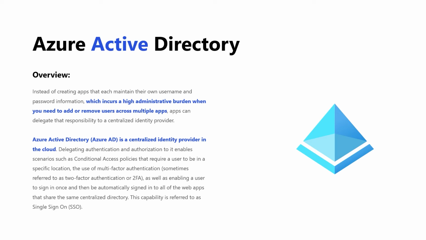The Azure Active Directory is more of a centralized location. So it allows us to delegate some of those responsibilities to the Azure Active Directory, where we can still have that flexibility to define what type of authentication and authorization scenarios we want, but it makes it easy to manage.